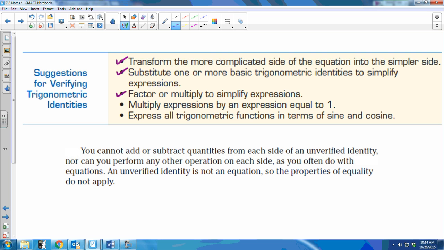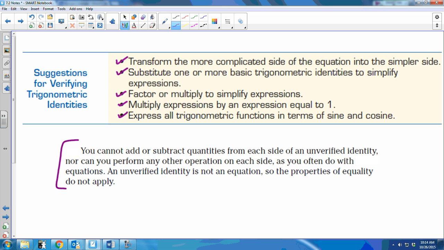Definitely you're going to have to FOIL on some of these. And some of the homework you might need to factor some things out in order to get it to work. Multiply expressions by an expression equal to 1. That's if you need a common denominator or something. And then if you couldn't figure anything else out, express everything in terms of sine and cosine. So then at least everything's the same function.